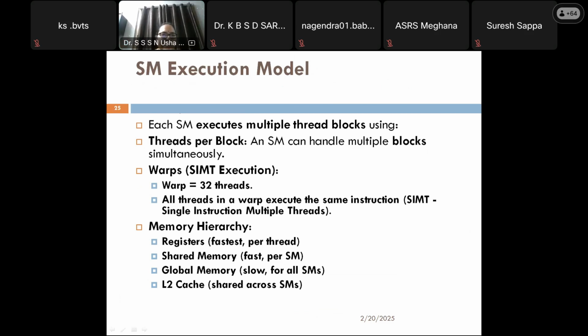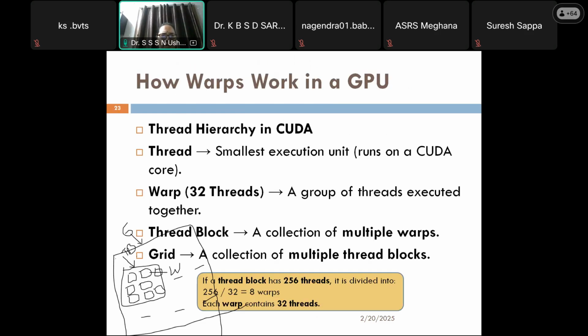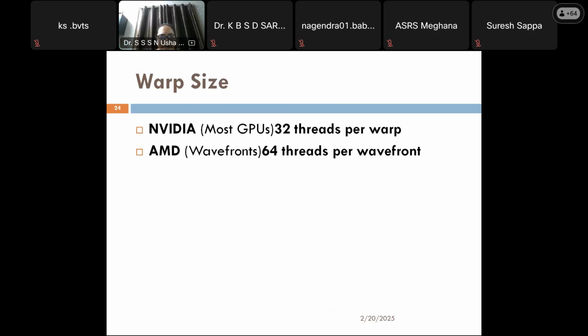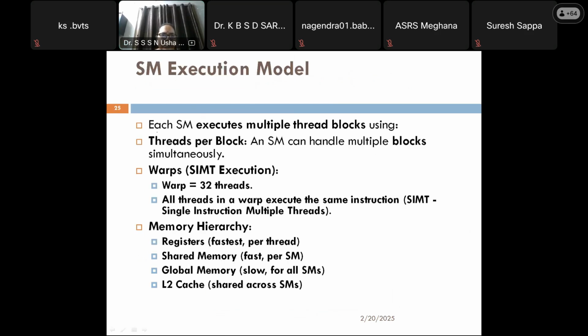Now the SM execution model. We understood what a thread, warp, thread block, and grid are. Now come to the SM. Each SM executes multiple thread blocks. An SM can handle multiple blocks simultaneously, so you can imagine how much concurrency there is. A warp equals 32 threads, and all threads in a warp execute the same type of instruction.